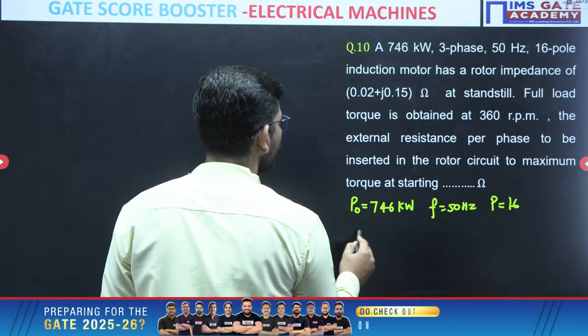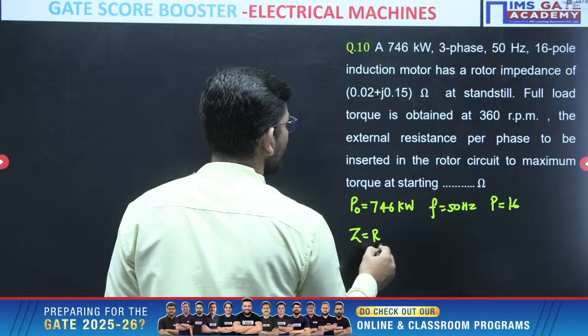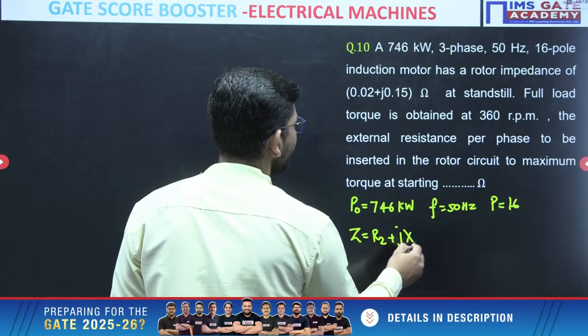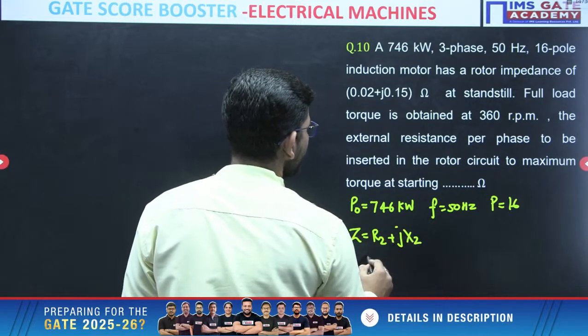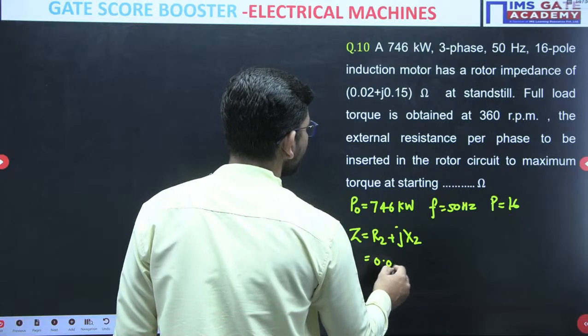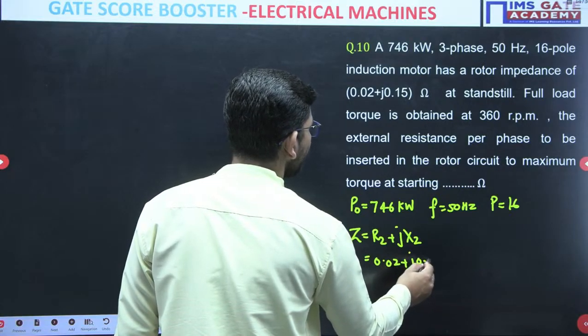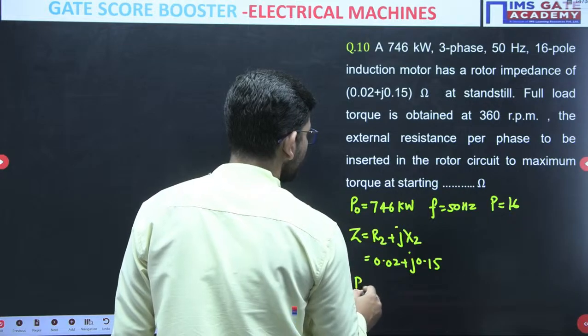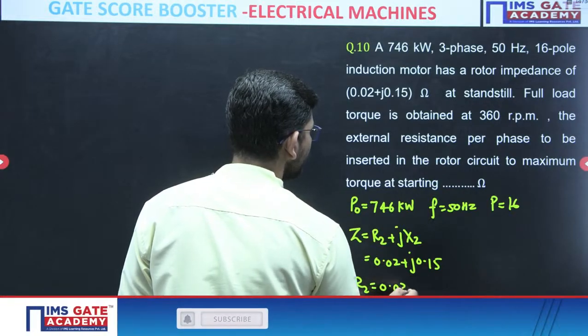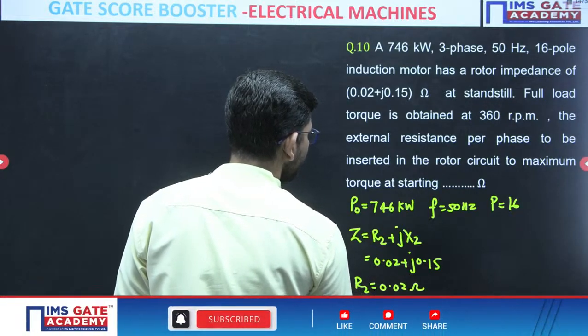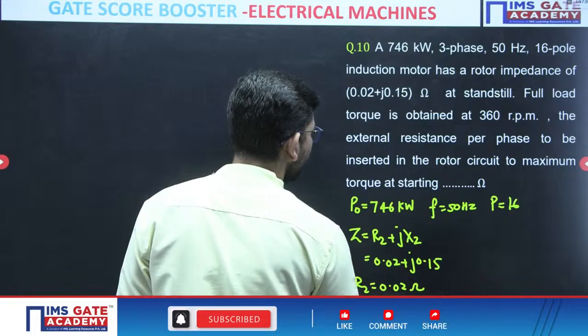Rotor impedance, which is R2 plus jX2, is given as 0.02 plus j0.15. That means R2 will be 0.02 ohms and X2 will be 0.15 ohms.